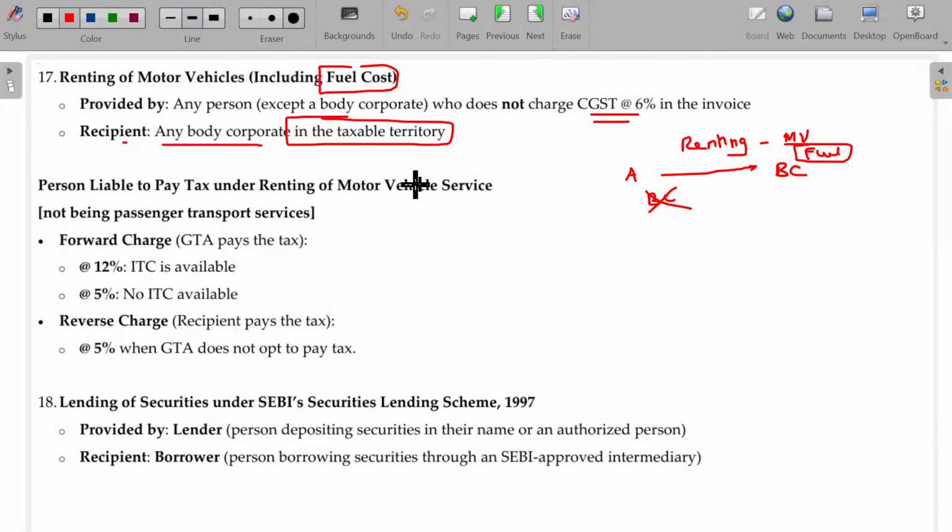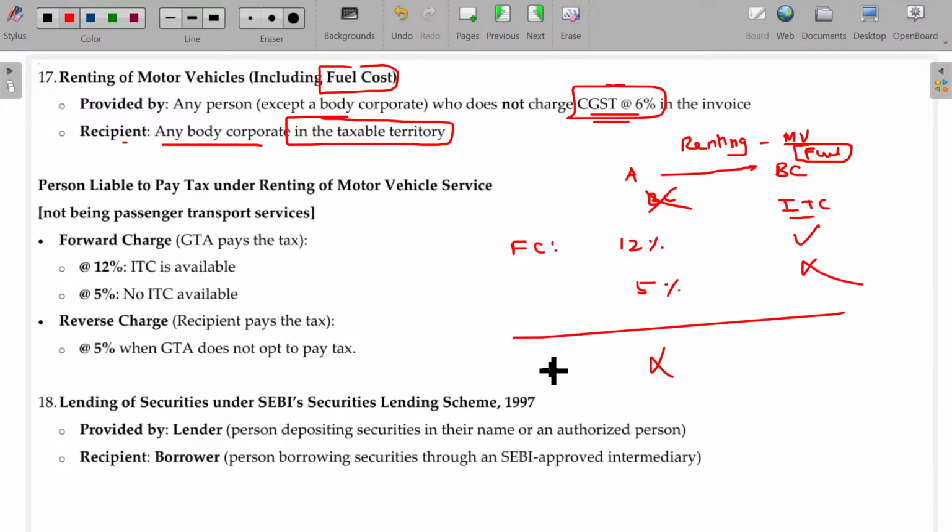In this case, under forward charge, A can pay 12% or 5%. 12% means 6 plus 6, 6 for CGST, another 6 for SGST. If it is not 6%, it's 2.5% and 2.5%. And ITC is allowable in the first case, not available in the second. The recipient cannot enjoy it there. Or he can simply skip. The recipient can pay the GST under RCM basis at the rate of 5%. Of course, ITC is not available. Okay, this is about the tax.